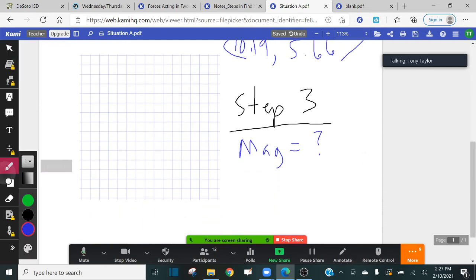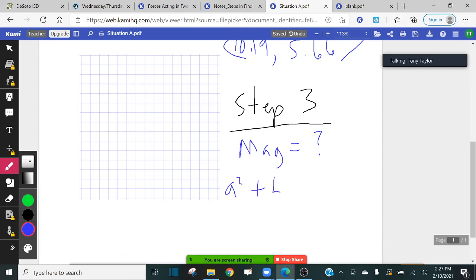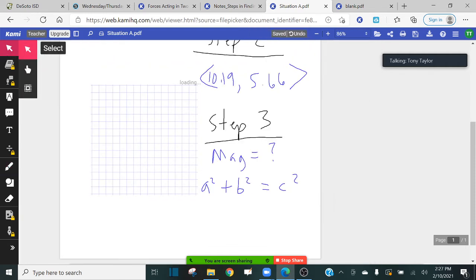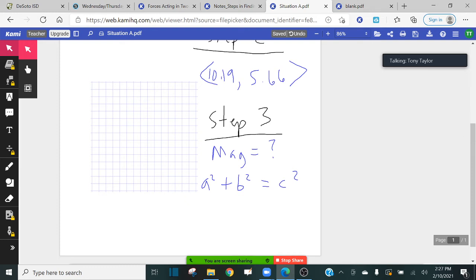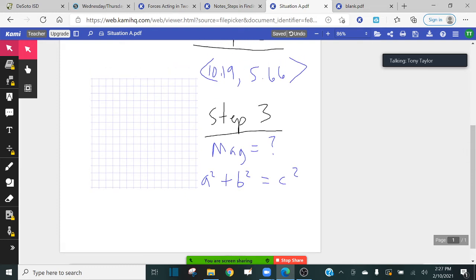Pythagorean theorem. So it's going to be a squared plus b squared equals c squared. Once we do that, we're going to have our overall magnitude. So let's just plug everything in. A is 10.19 squared plus B, which is 5.66 squared.